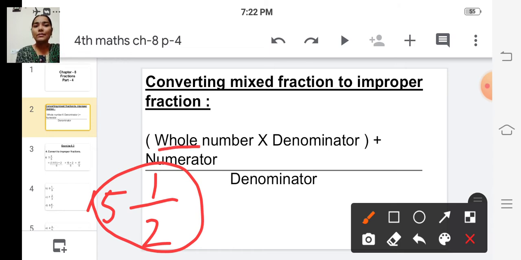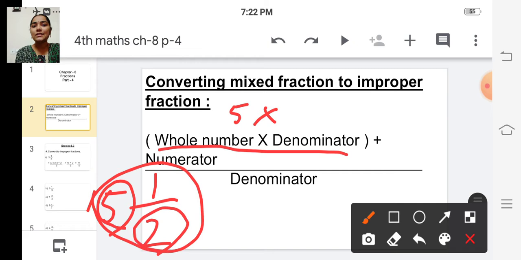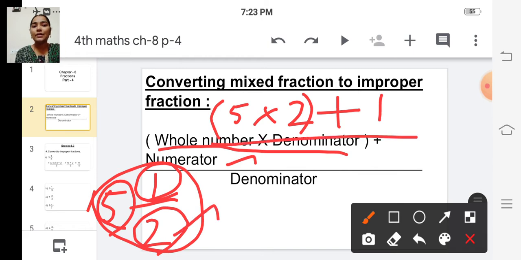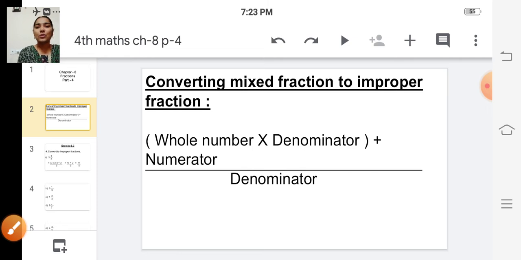Whole number into denominator: whole number is 5, so 5 into denominator 2, plus numerator, numerator is 1, divided by denominator, denominator is 2. So 5 into 2 plus 1 by 2. Like that we are going to use this formula to convert mixed fraction to improper fraction.